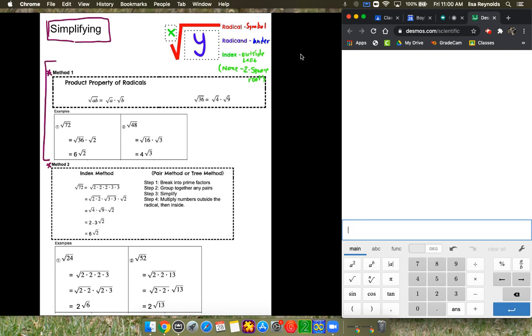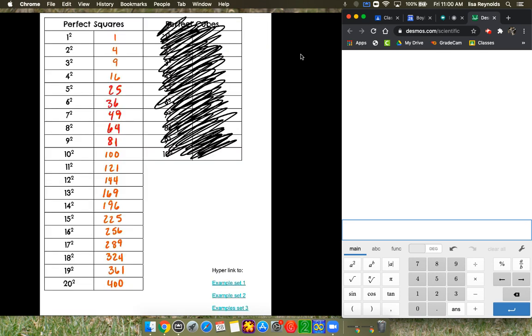One thing about this is I actually don't like the example that they give, because 36 just so happens to be a perfect square. So if you look back at our perfect squares list, you'll see that 36 is a perfect square. It was calculated by doing 6 squared.